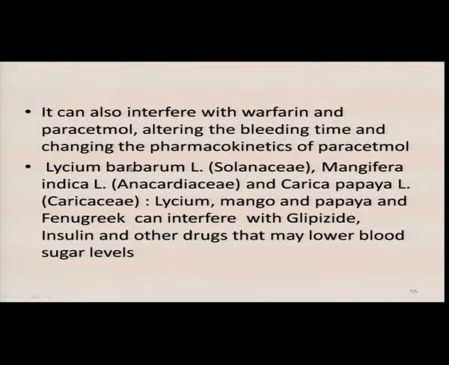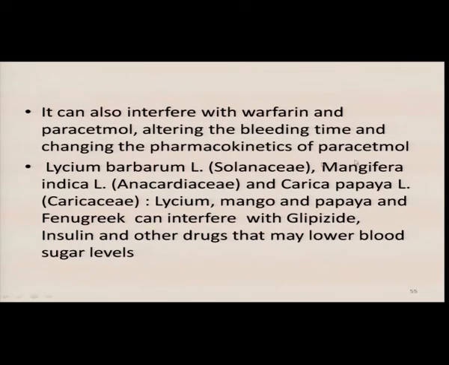For example, lycium, and that is very well known with garlic. Lycium barbarum, which belongs to the family Solanaceae, Mangifera indica, our common mango, Carica papaya, the bitter gourd, and fenugreek, all these are normal parts of the diet with a known hypoglycemic effect, that is, they can reduce the blood sugar.